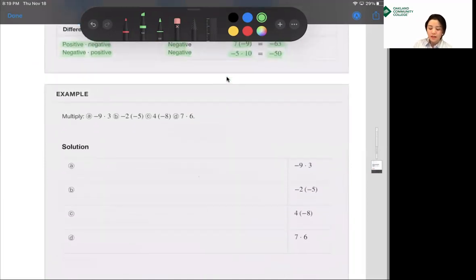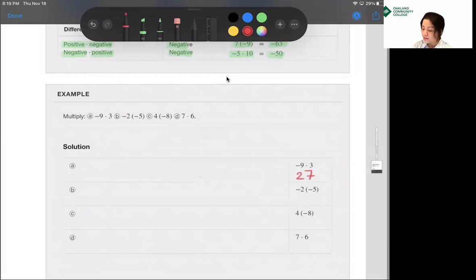Let's take a look at some examples here. I have negative 9 times 3. The two numbers have different signs, so the product will be negative, right? So negative 9 times 3 is negative 27. Negative 2 times negative 5, the two numbers have the same sign, right? Even though they're negatives, as long as they have the same sign, the product will be positive.